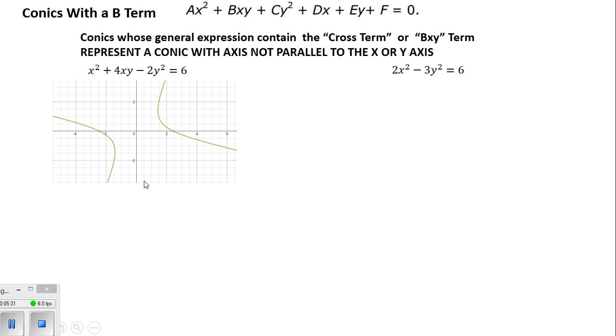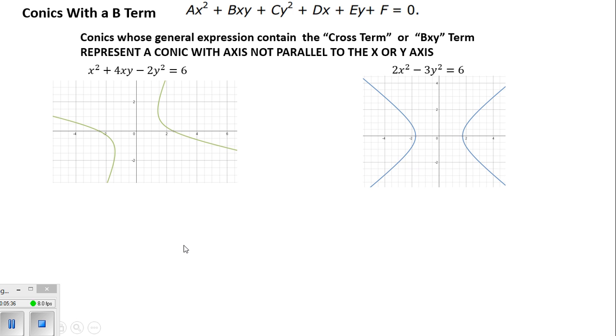So we'll do a process called rotation of axes, which will give us a new equation, but it's the same conic. It's just been rotated into position, or more commonly accepted, we've rotated the axes, the x and y, to an x prime and y prime axes to match the given quadratic, and we'll have more to say about that coming up.